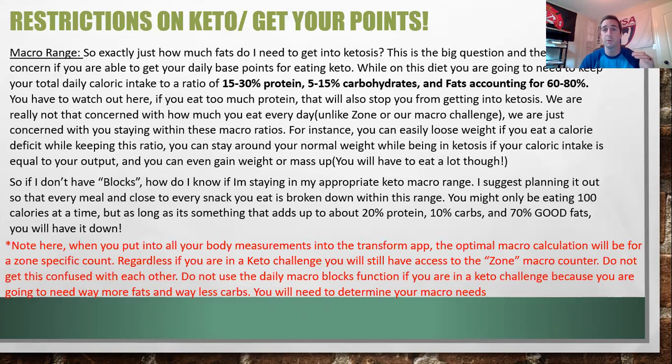You're going to be getting too much protein, too much carbs, and you're not going to get into ketosis. So that daily macro block counter that's on your homepage, don't use it when you're in the keto group. We're actually working on updating our app so that you will have a macro block counter for the keto diet. Eventually, hopefully we'll have that soon for you. It's a little bit complicated though.